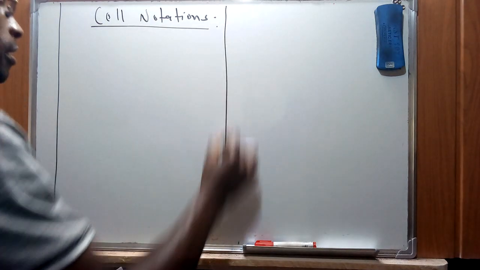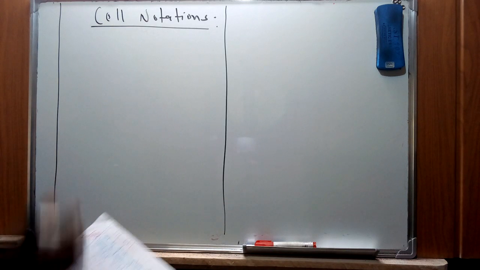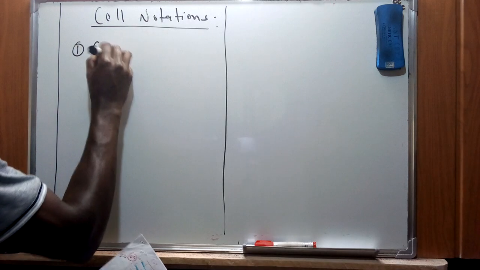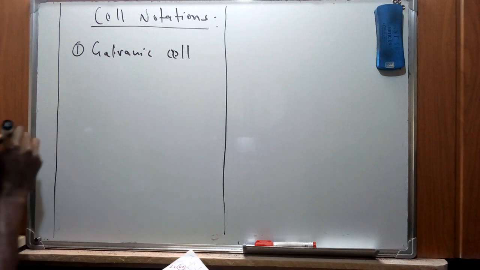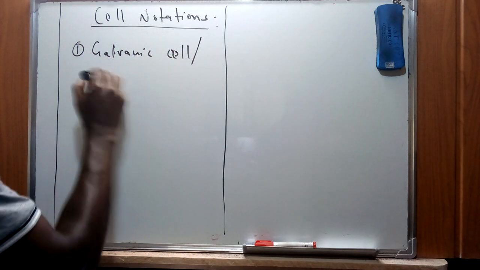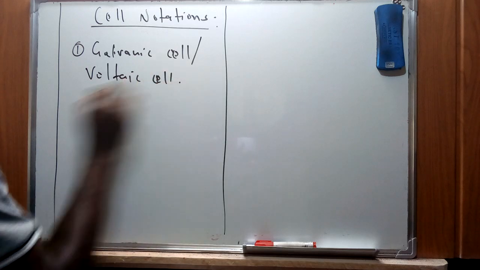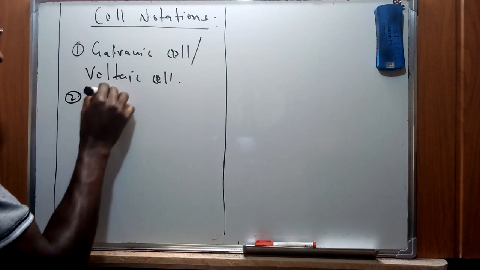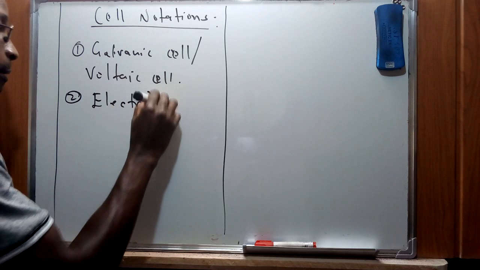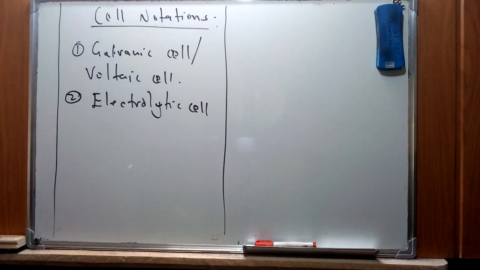Now basically, as we said, the concept of electrochemical cells can be looked at in two different ways. One, we have what we call a galvanic cell, which sometimes can be referred to as a voltaic cell. And number two, we have another one that is known as an electrolytic cell.